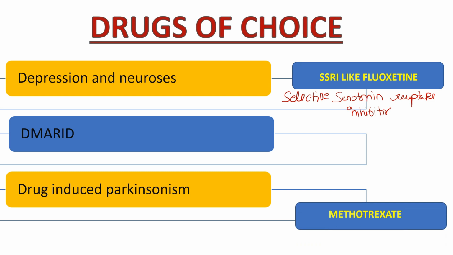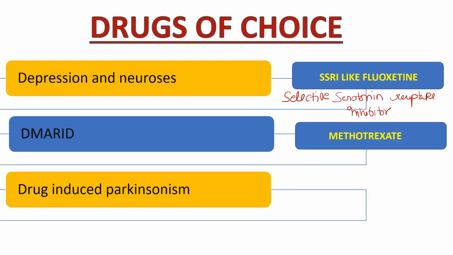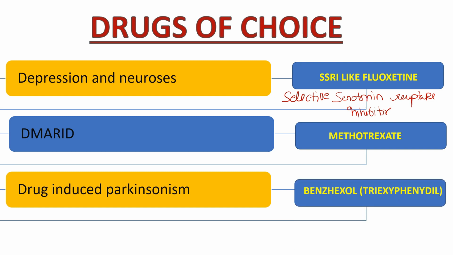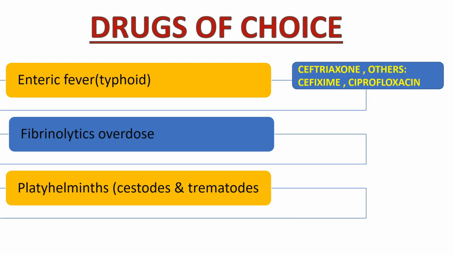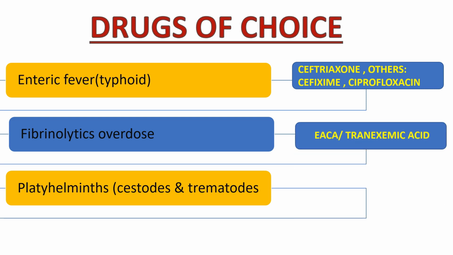And for choriocarcinoma, we will be using methotrexate. For drug induced Parkinsonism, we will be using benzhexol, that is trihexyphenidyl. Next, for enteric fever, that is typhoid, we will be using ceftriaxone or cefixime or ciprofloxacin. For fibrinolytic overdose, we will be using EACA or tranexamic acid.